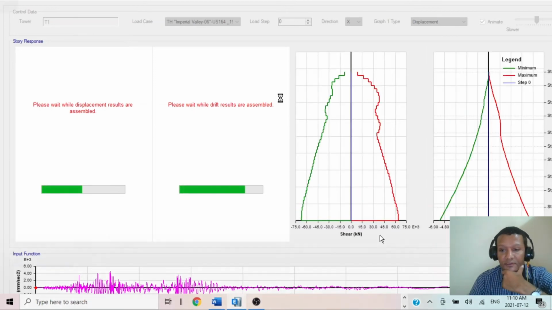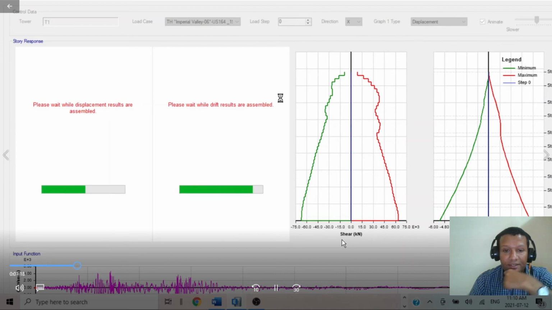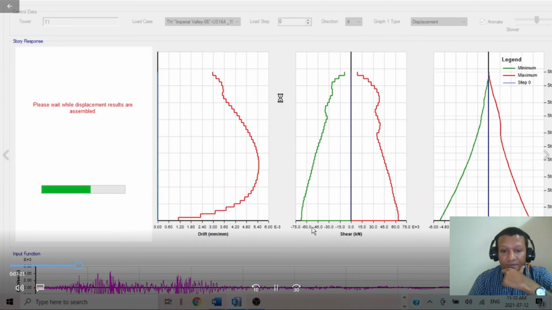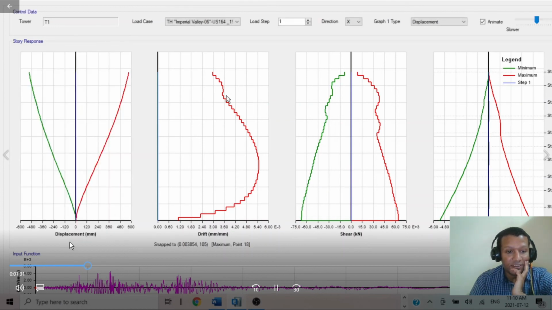So this is overturning, this is shear, this is drift, and this is the displacement will come. So this is the displacement, this is drift, this is shear, this is overturning.